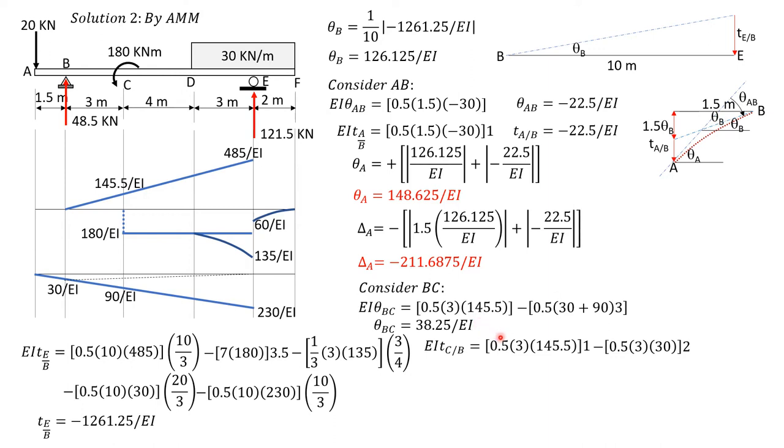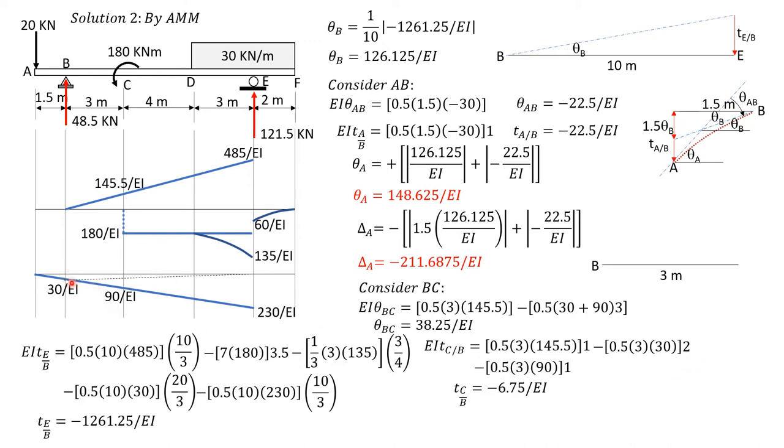Then EI times the deviation of C relative to B is the moment about C of the area. So the quantity 0.5 times 3 times 145.5 times 1/3 of 3, which is 1. Then let's break this trapezoid into two triangles, one with height 30 and the other with height 90. But remember, they are negative. So minus the quantity 0.5 times 3 times 30 times 2.